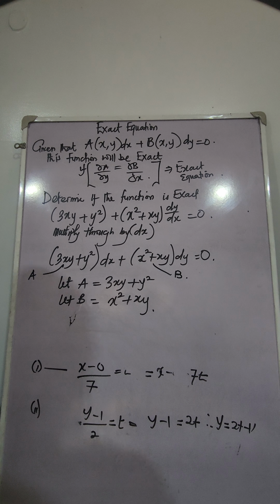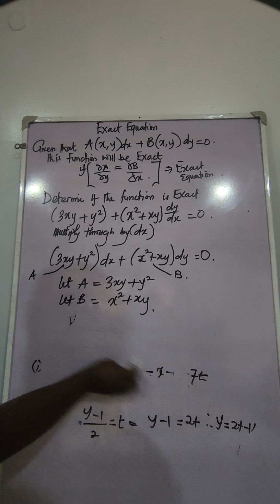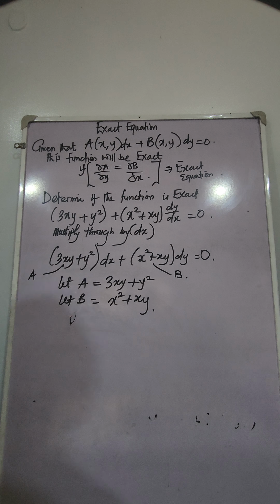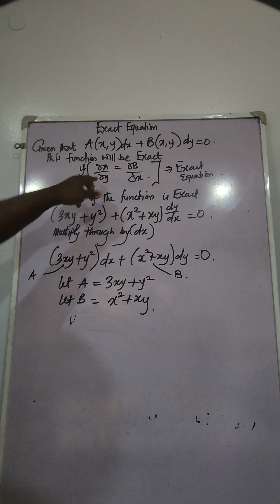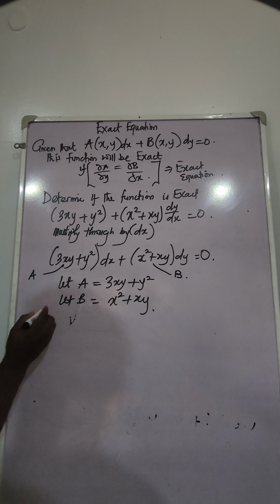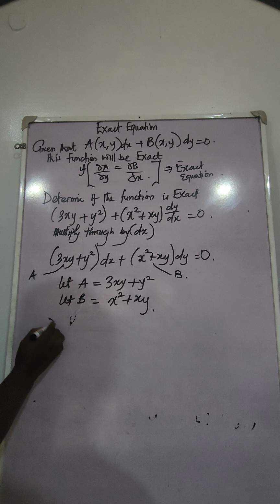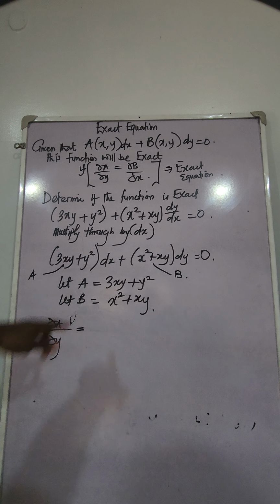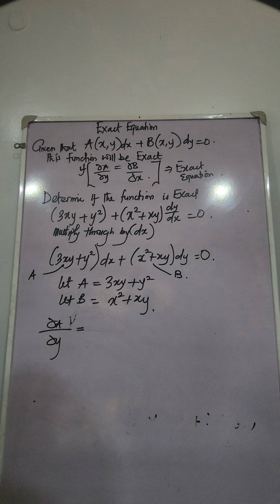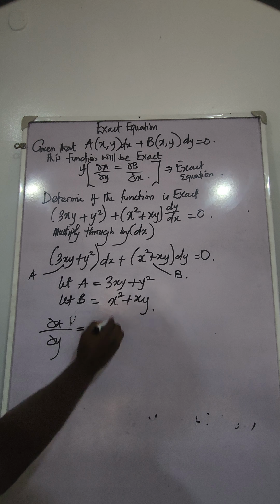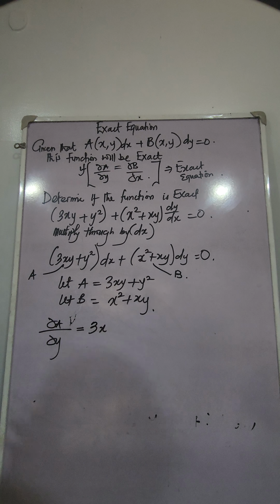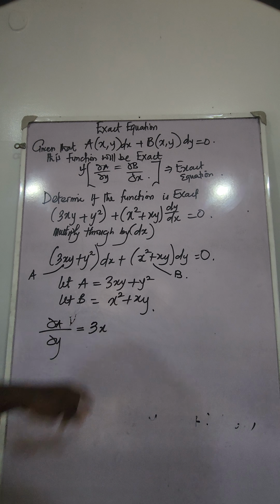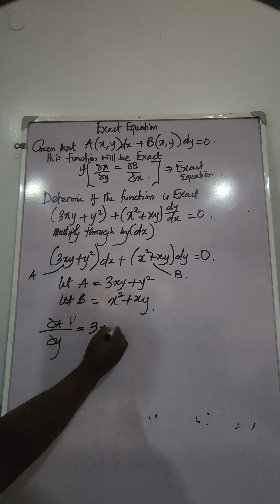Having said all of those things, we begin to find out how to differentiate it. The next step is we differentiate the A with respect to y. If you differentiate here with respect to y, treating x as constant, you have 3x plus 2y.